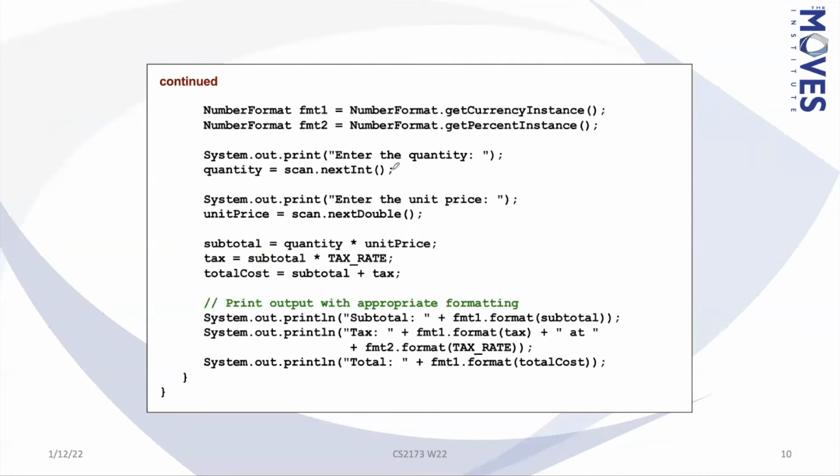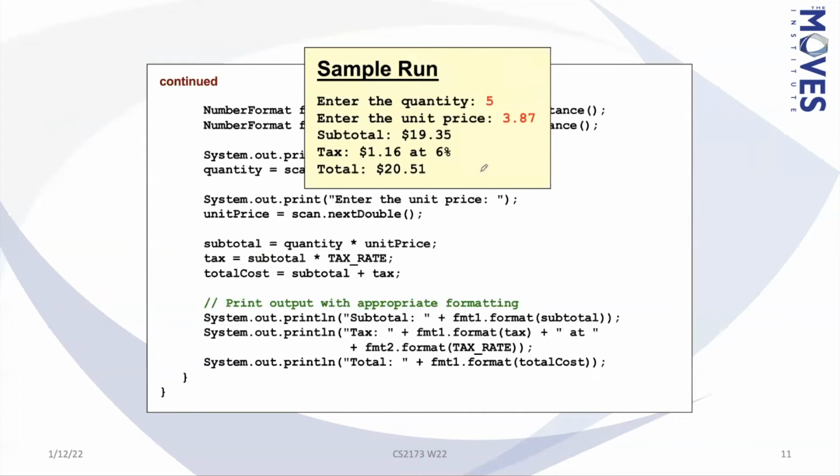They enter the quantity and the unit price. If we want 5 at a unit price of 387, then the subtotal is the quantity times the unit price.